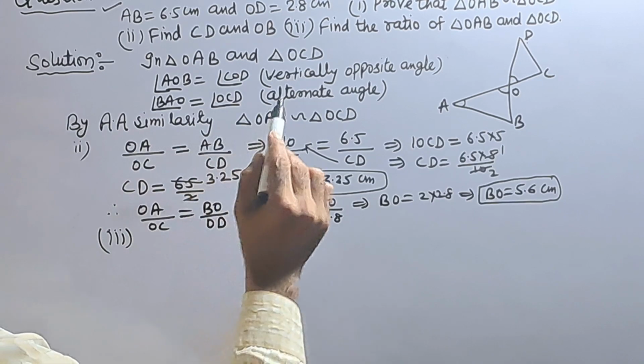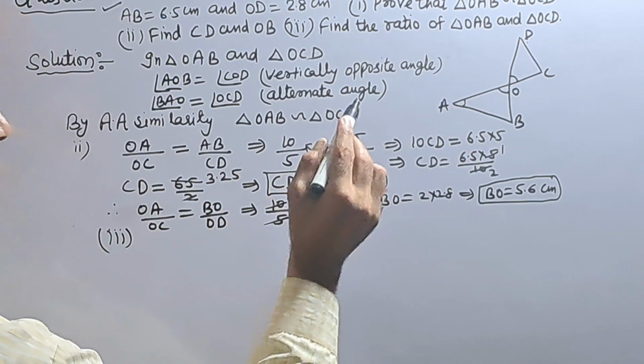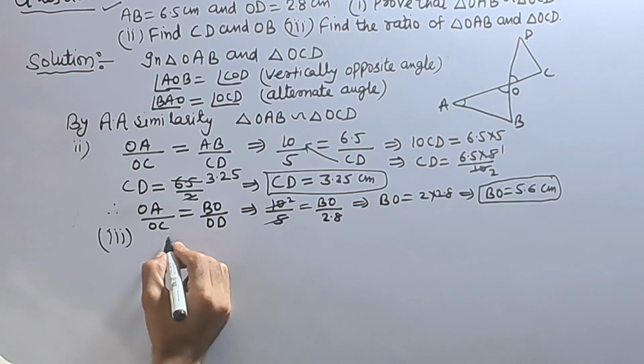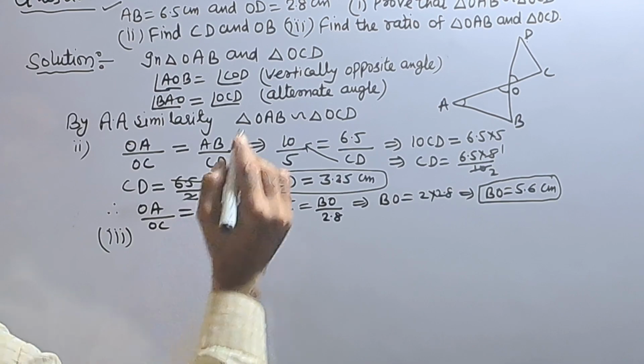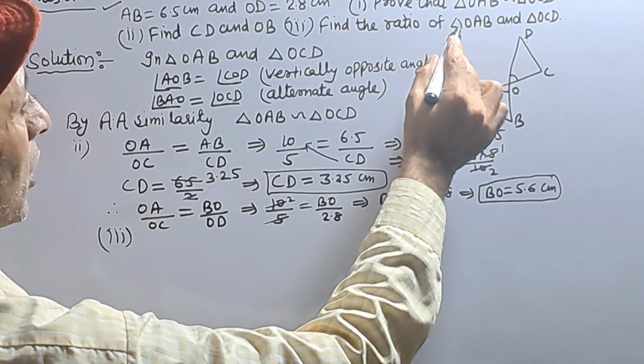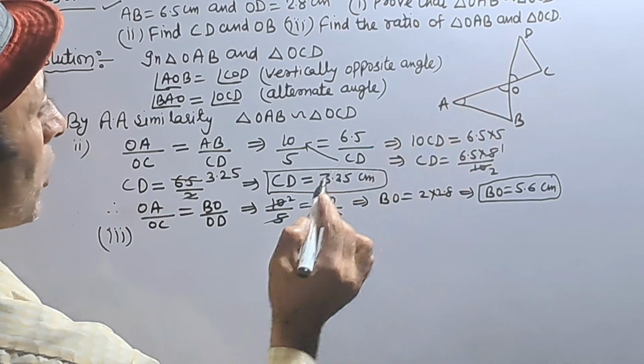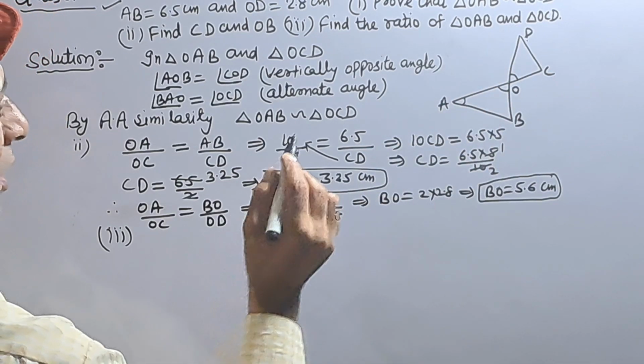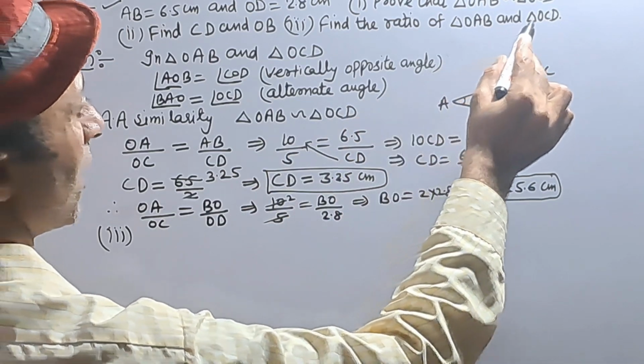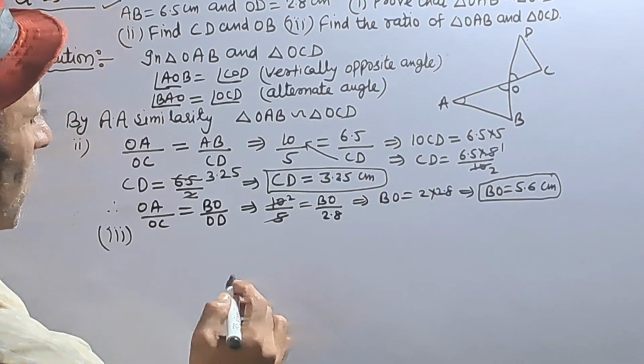And third part, find the ratio of triangle OAB upon triangle OCD.